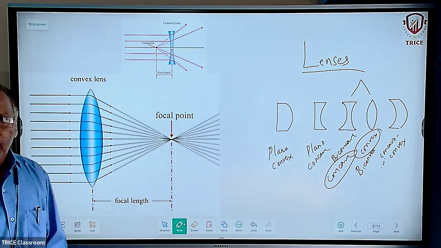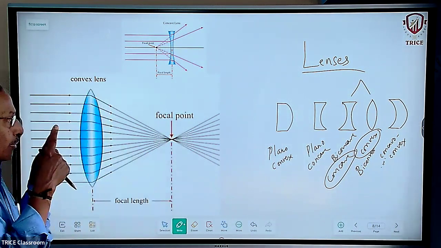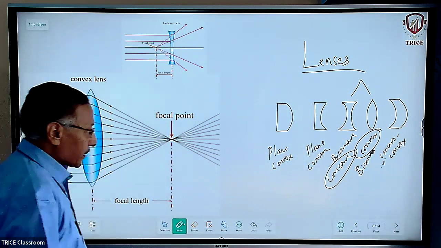Lenses are formed because of two spheres.